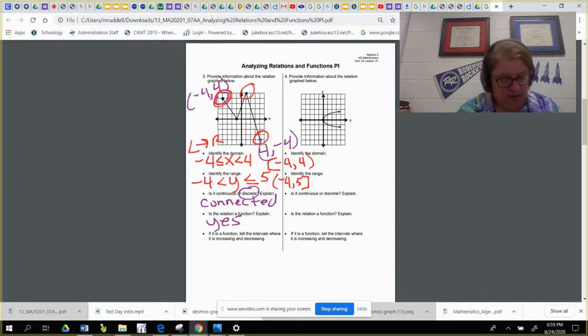If it's a function, tell the intervals where it's increasing and decreasing. Okay, if you look at that graph, in this first part of the graph, where x is negative 4, this x value is negative 4, this x value is negative 1.